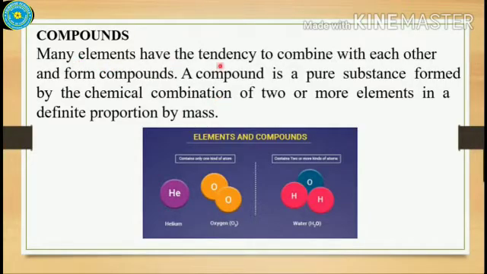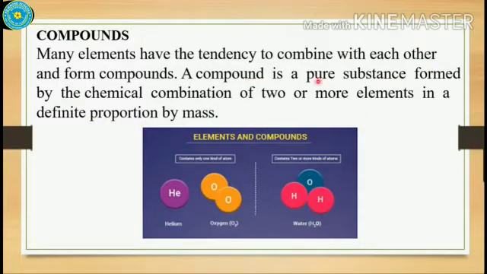Many elements have the tendency to combine with each other and form compounds. Many elements, I mean here, are the different elements which are present in the periodic table. A compound is a pure substance formed by the chemical combination of two or more elements in a definite proportion by mass.